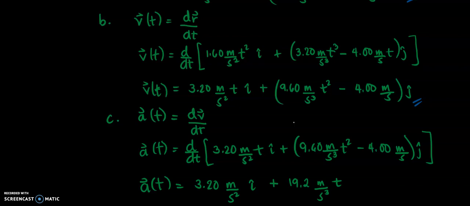So this is 19.2 meter per second cube t j hat. Again, this is our acceleration vector, 3.20 meter per second square i hat plus 19.2 meter per second cube t j hat.